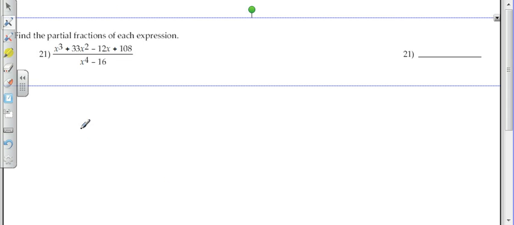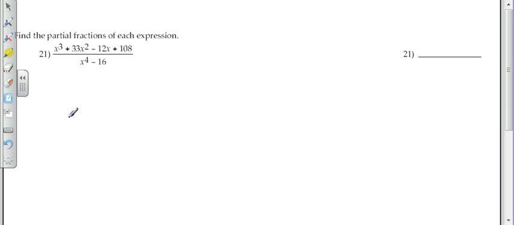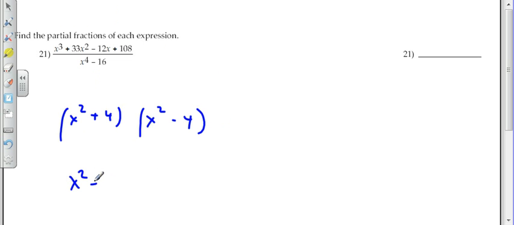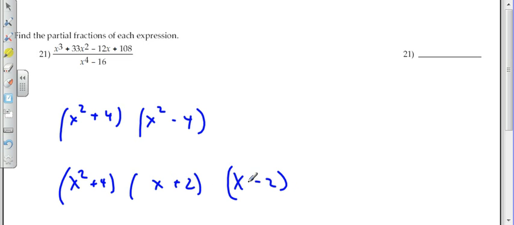So I recognize the bottom as x squared plus 4 times x squared minus 4, and I recognize that as x squared plus 4 times x plus 2, x minus 2. Those with better graphing calculators would be able to do this in their calculator without any problem.